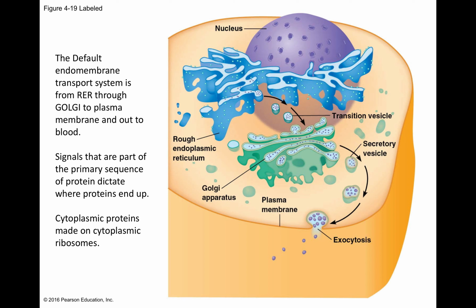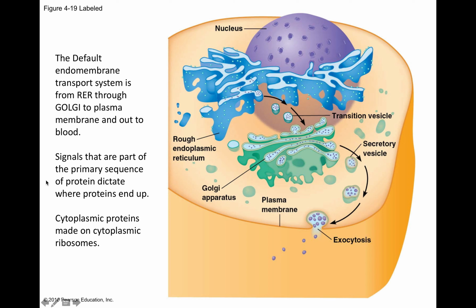Other signals that could be part of that original mRNA could be, say, go to the inner mitochondrial membrane, or go to the lysosome, or go to the plasma membrane, or go to the nuclear envelope. Those are all possible offshoots from this pathway, but if those extra signals are not on there, the default for any protein that is translated on the rough ER is going to be squirted out into the blood.